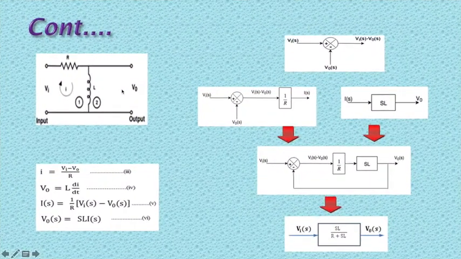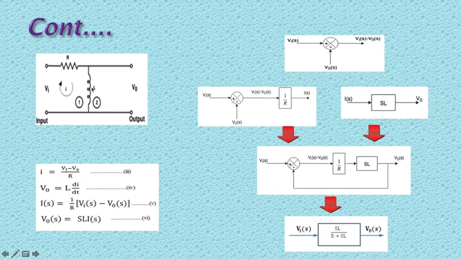Consider the same example. Find the transfer function using the block diagram technique. Taking node analysis, this is node 1 and current I passes through here. So I equal to Vi minus V0 by R. And what is the output voltage?